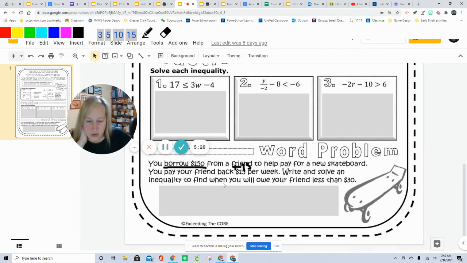Write and solve an inequality to find when you will owe your friend less than $30. So we need to know how many weeks. So borrowing 150, so we're negative 150, and you are paying them back $15 a week.